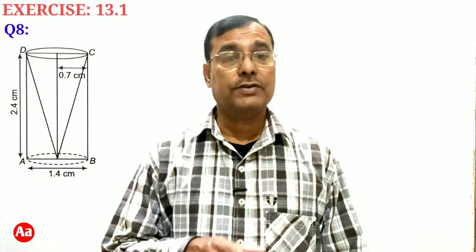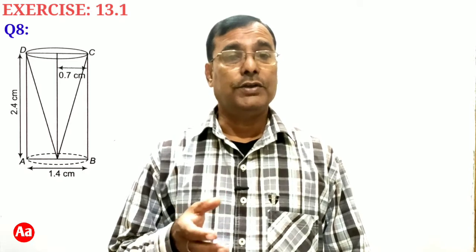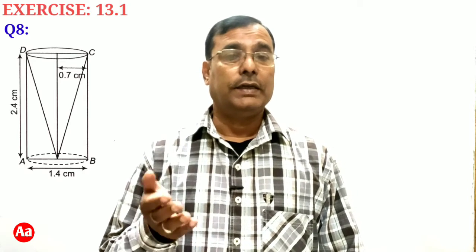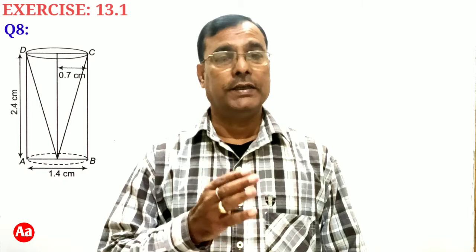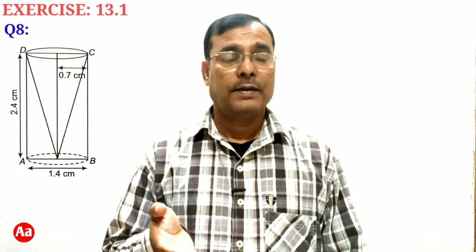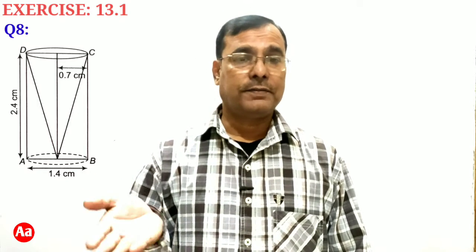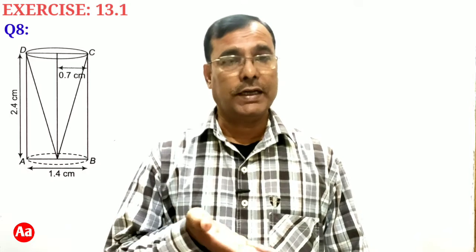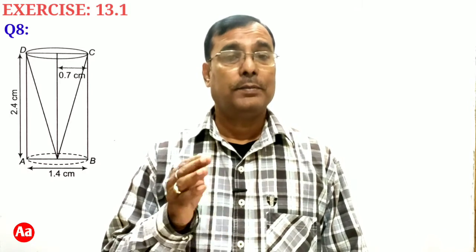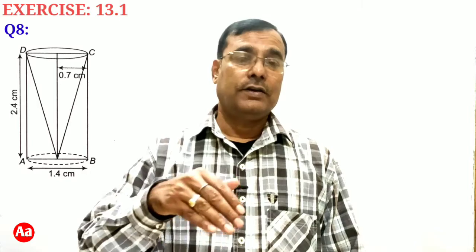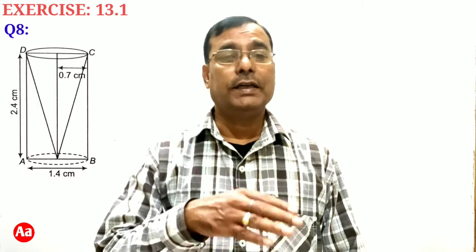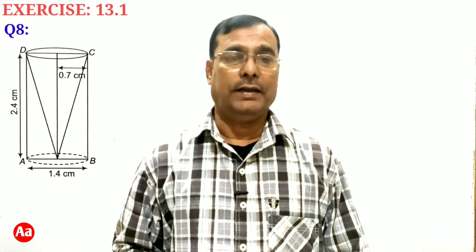Area of the remaining solid is going to be equal to the curved surface area of the cylinder plus the surface area of one circular end, pi r square, plus the curved surface area of the conical cavity, pi r l.